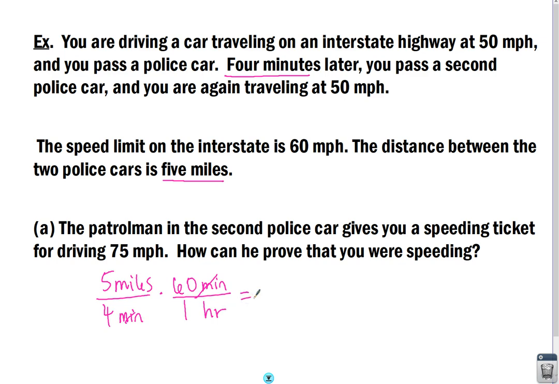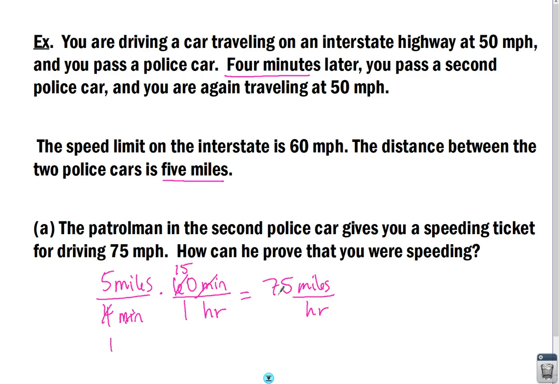Okay, so if I simplify this math here, 300 divided by 4, 75 miles per hour. So driving 5 miles in 4 minutes equates to 75 miles per hour. Ooh, he can prove that you were speeding pretty easily.